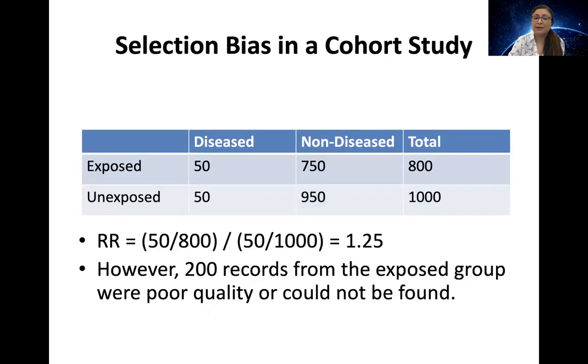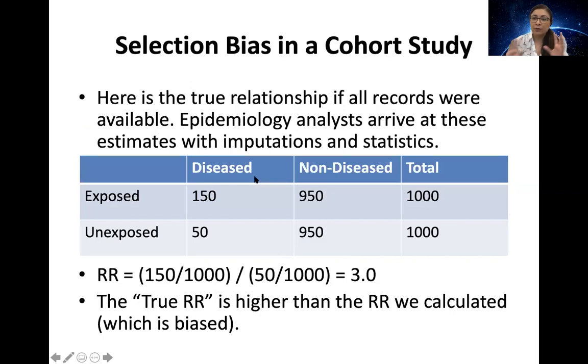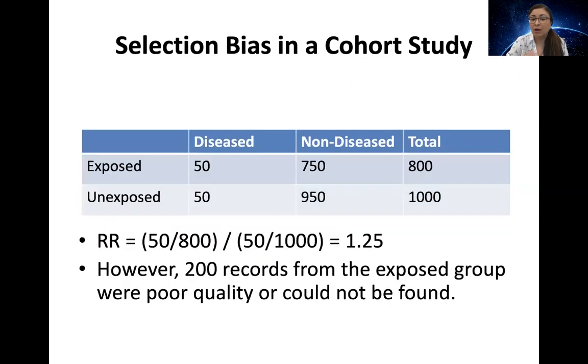And the selection bias is basically that it's unbalanced. We've collected more data on the unexposed than the exposed group. And when we do the fancy things to figure out what it should have looked like, we see that there's an underestimation in our calculation.